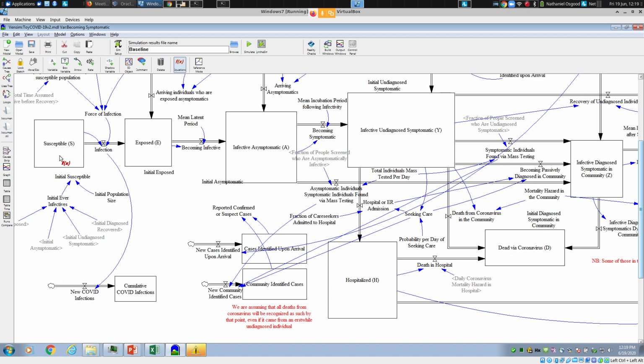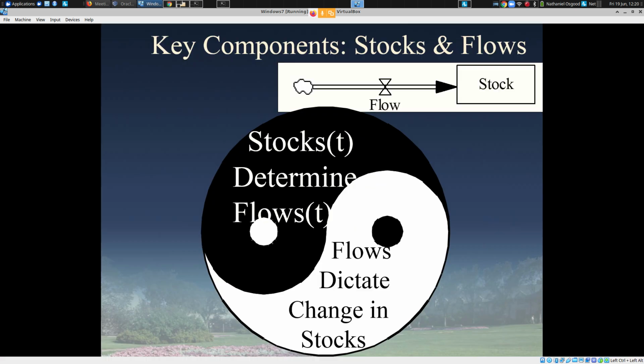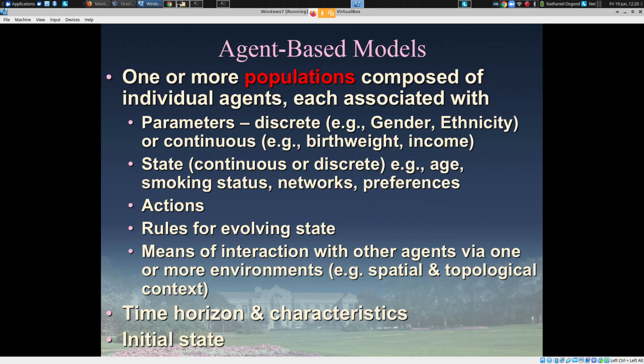And maybe the next day we see 9 people infected. So now we're down to 981 susceptibles. And meanwhile, the exposed went up by 10, and now it's gone up by another 9, but it has people going out. So that's what's going on. The stocks determine the flows, and the flows determine the change in the stocks for the next little bit.